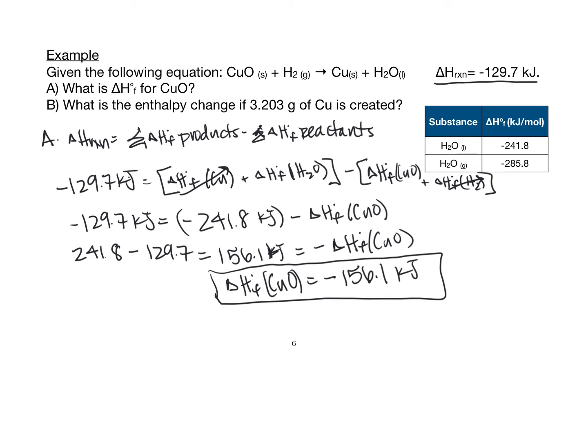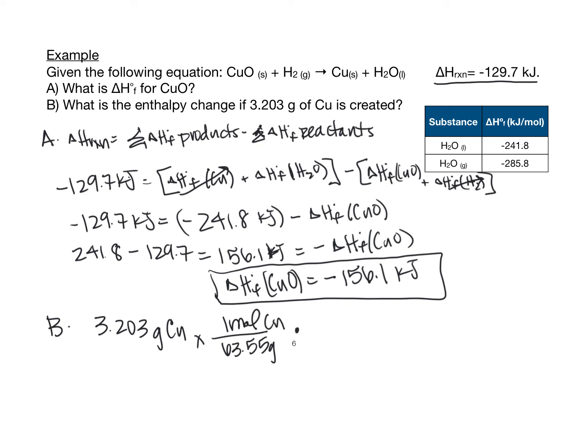So for B, we're going to first determine how many moles of copper we have. We have 3.203 grams of copper. We're going to divide that by the molar mass, which is 63.55 grams in 1 mole of copper.